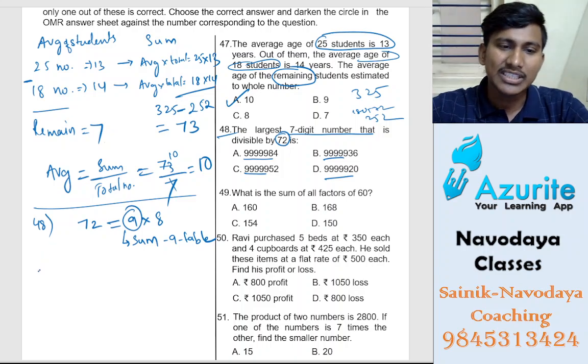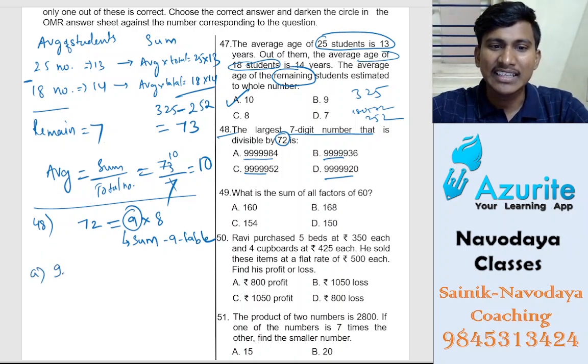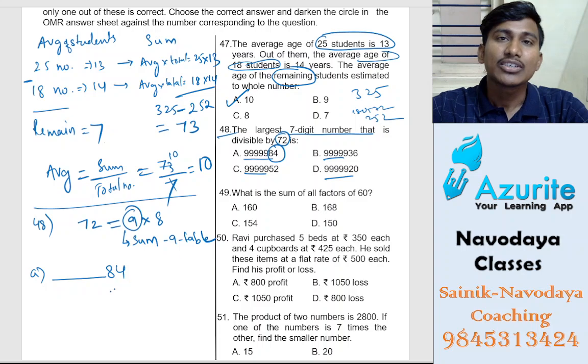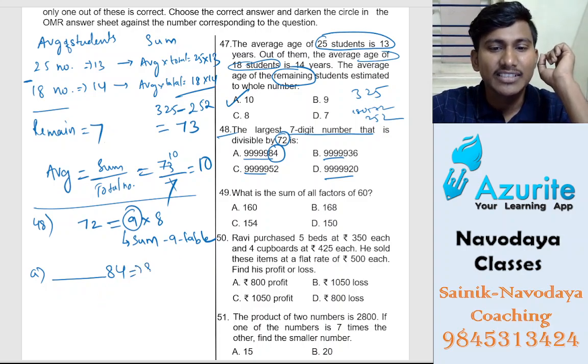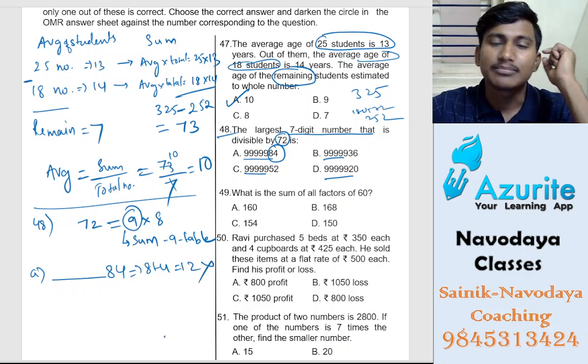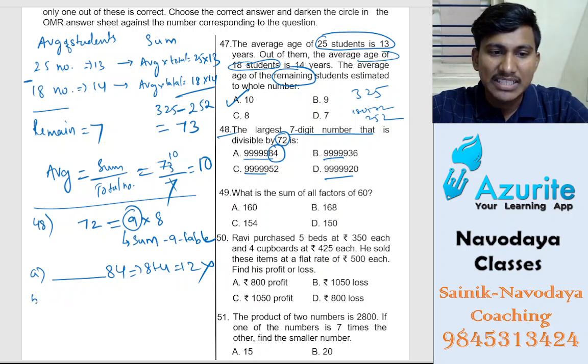So if you take option A, 9999 is there, and 9999 all will come in the 9 table, and the last 2 digits are 84. So 8 plus 4, sum of the digits, is 12. Will it come in the 9 table? No, it doesn't. Now option B is there.